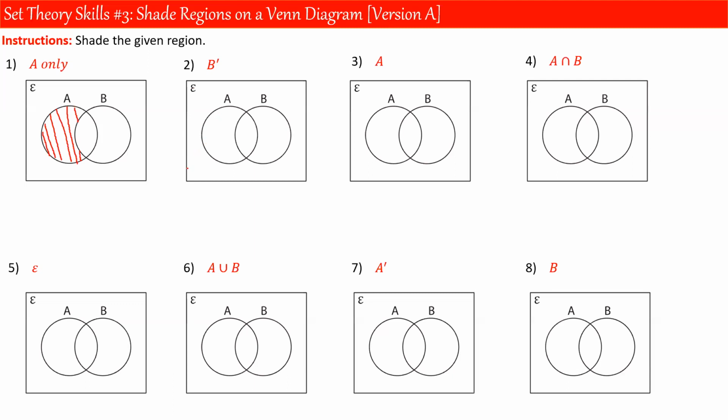What am I not shading? The B and the intersect. Very good. I'm not shading B, and I'm not shading the intersection of A and B. Excellent. So if you got it right, you could give it a little tick. If you got it wrong, please correct it. All right, make sure that you do that.